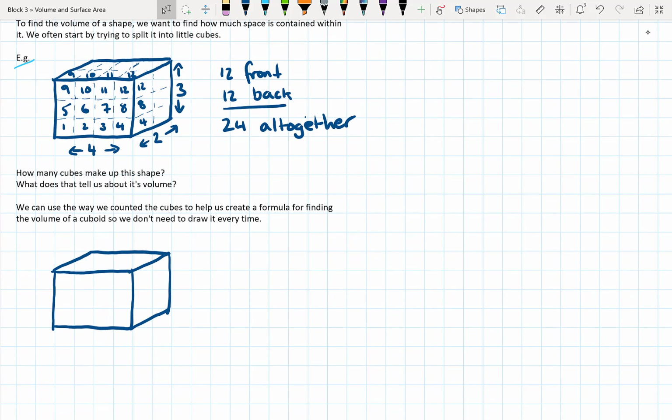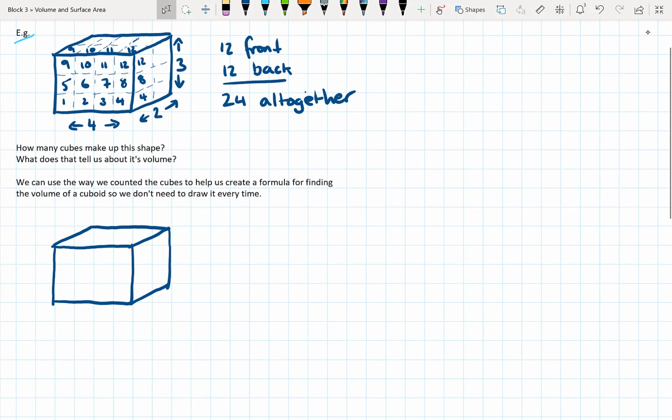So what we're going to do is make it a little bit more general here. When we're dealing with a cuboid, we like to refer to it with a length, a breadth, and a height. We're going to mark that on the cuboid underneath with the numbers that we've got there. So we've got 4, 2 and 3, and they match up to the shape just above. We did 4 times 2 times 3, and it gives us 24.